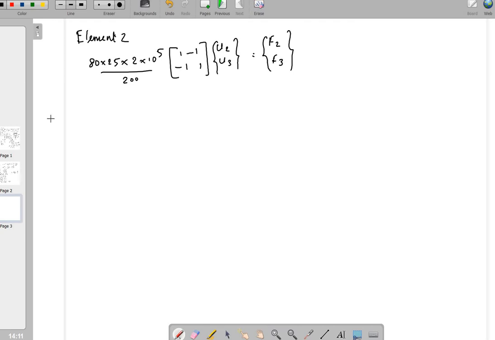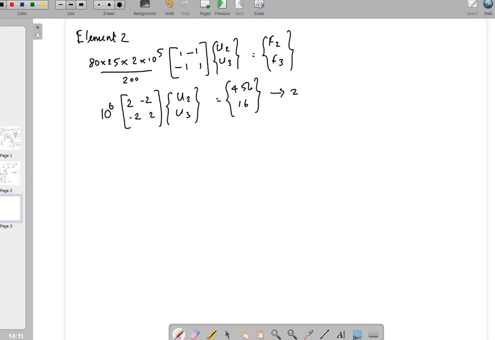While calculating the constant value, it is 2 into 10 power 6. I am keeping 10 power 6 as a common factor outside and multiplying 2 inside with the matrix. So 2 minus 2 minus 2 2, times U2 U3. We know the value of F2 F3, so it is 456 and 16. You can keep this as equation number 2.